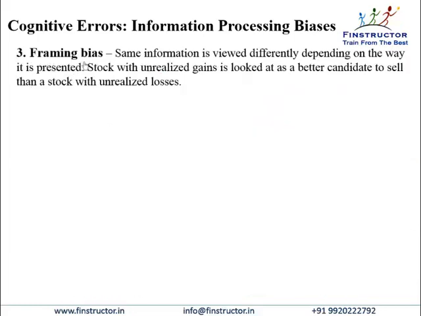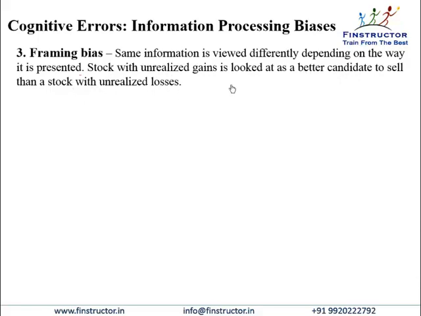The framing bias is also quite interesting, and it says that the same information is viewed differently depending on the way it is presented. So for example, a stock with unrealized gains looks like a better candidate to sell than a stock with unrealized losses.